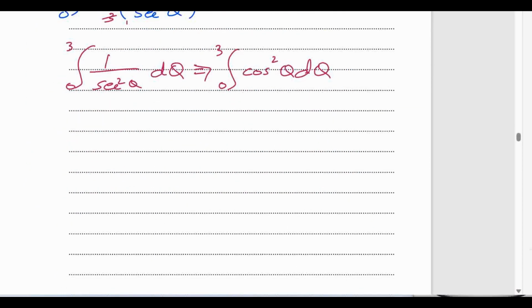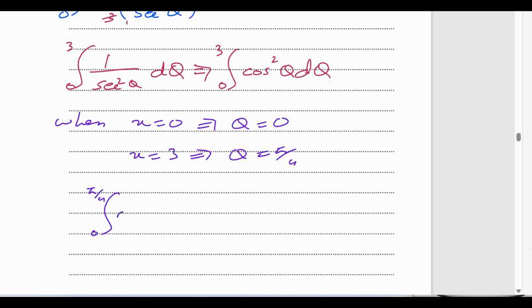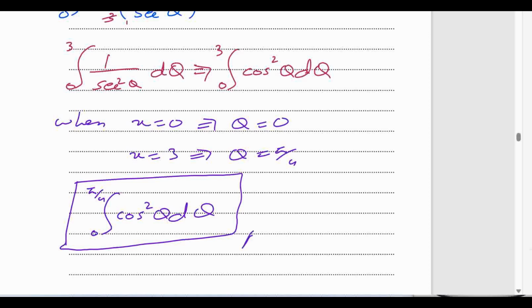So when x is equal to 0, theta will be equal to 0. And when x is equal to 3, theta will be equal to pi by 4. You can verify this using the calculator. So this should be equal to the integral from 0 to pi by 4 of cos square theta d theta. So this will be the final answer.